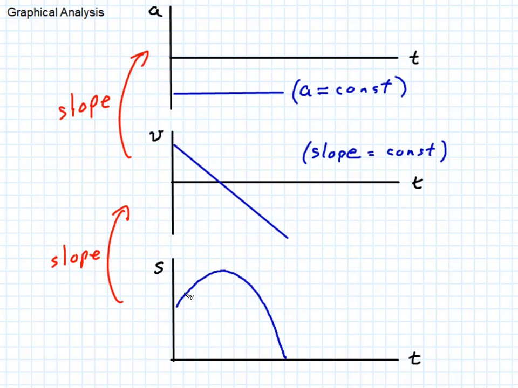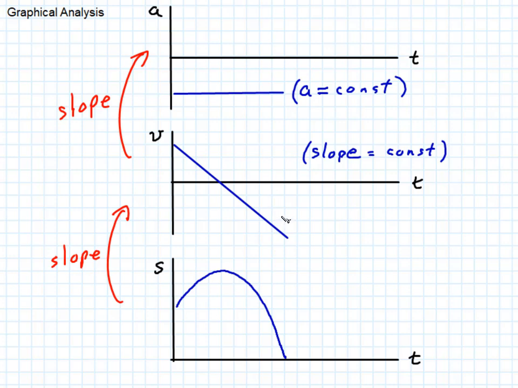So here the velocity is positive, here it's 0, here it's negative and increasingly negative. And so it turns out that the slope of a position versus time graph gives us our velocity versus time. And if we start with this parabolic trajectory here, our velocity graph is going to be a straight line.